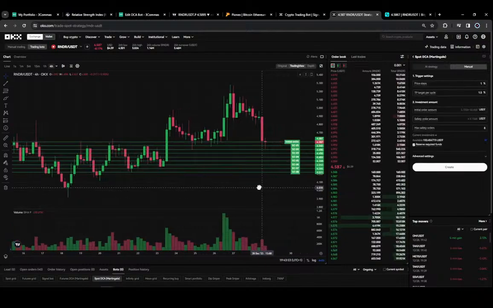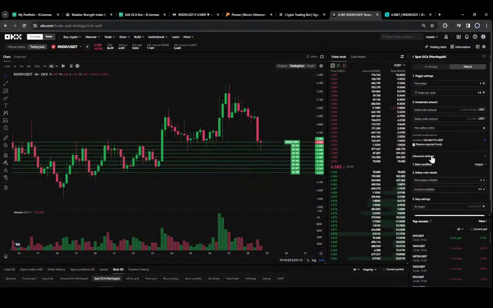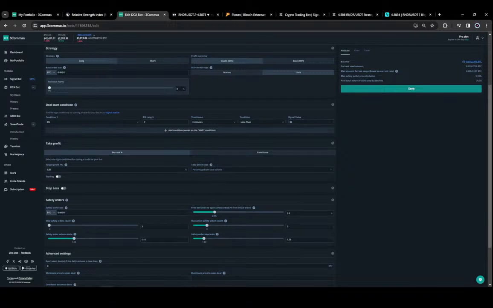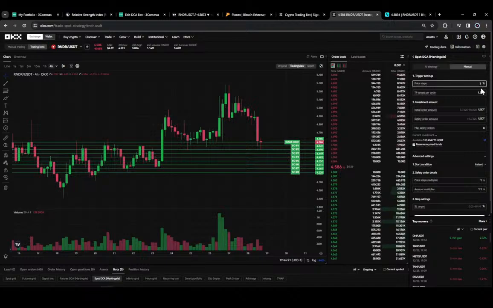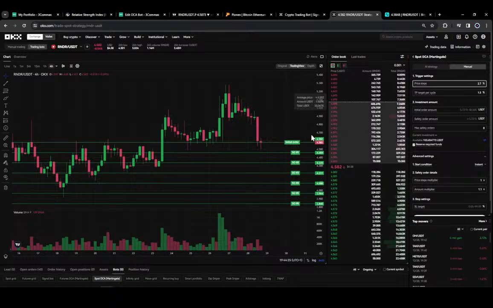So this shows me visually my DCA. I need to always look at these advanced settings. I can specify my take profit, so 1.5. The price steps here, I think that would be equivalent to safety order step scale. So for the price steps, the first one is 2.7. That's the initial deviation I have from the base order.